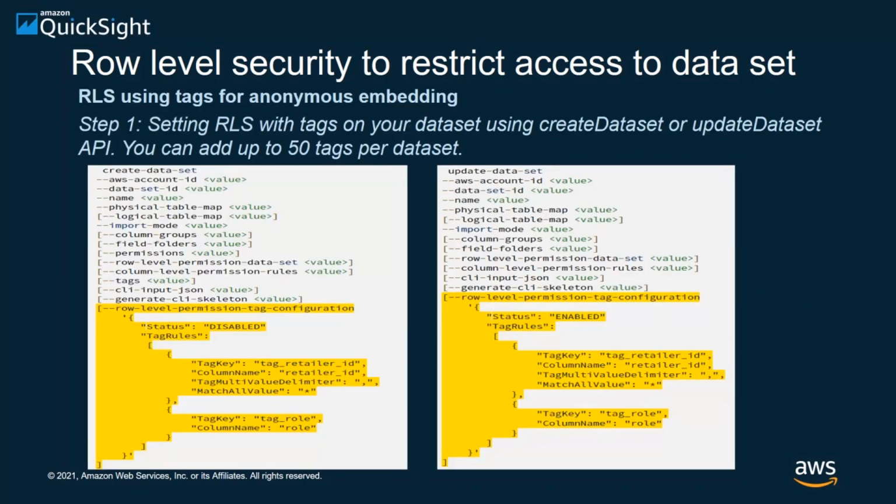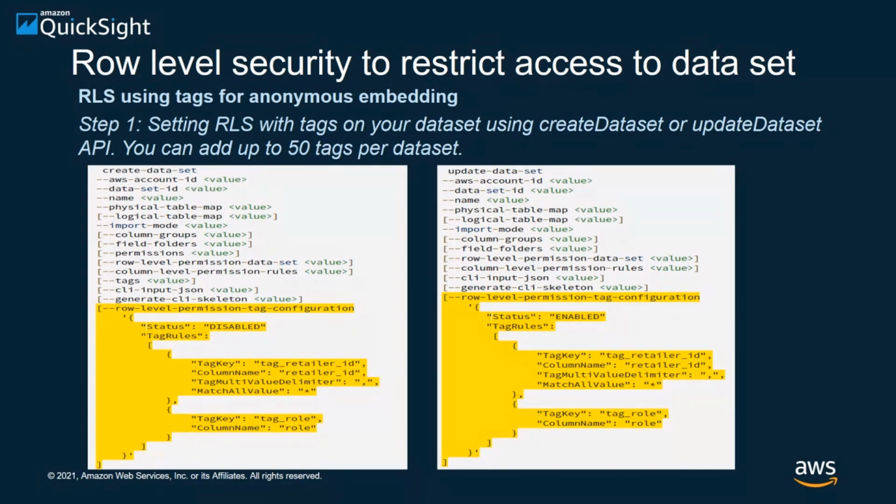So the first step is setting of RLS with tags on your dataset using create dataset and update dataset API. As you might be aware, we already have create dataset API and update dataset API. To that, we are adding a new parameter called row level permission tag configuration, which is highlighted in yellow. As you can see here, you can define your tag key and the column name.